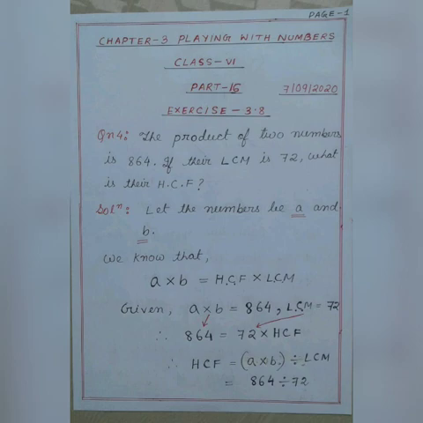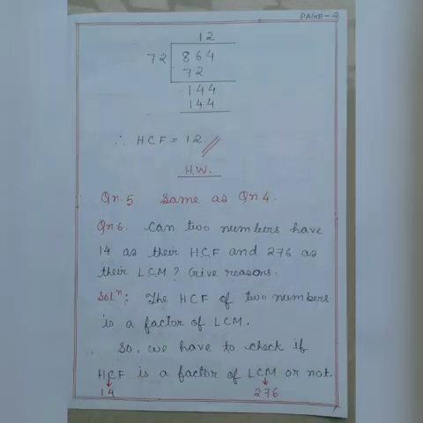Therefore, HCF will be equal to A into B divided by LCM, that is 864 divided by 72. Now we have to divide 864 by 72. If we divide 864 by 72, we get quotient as 12, and 12 is the HCF of the two numbers A and B.